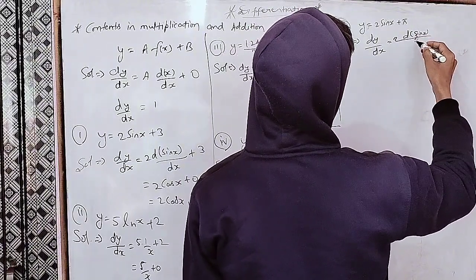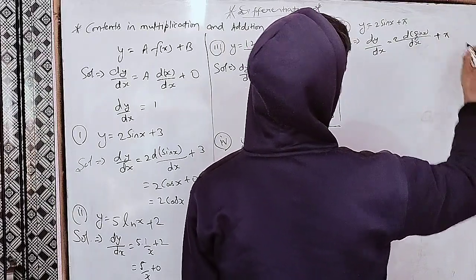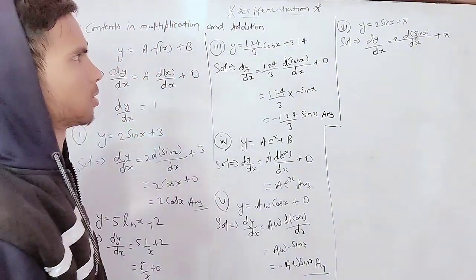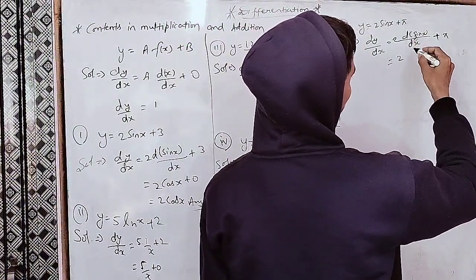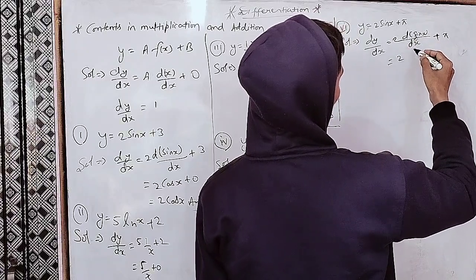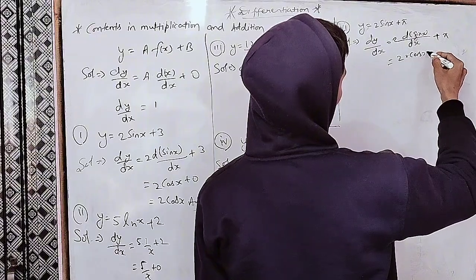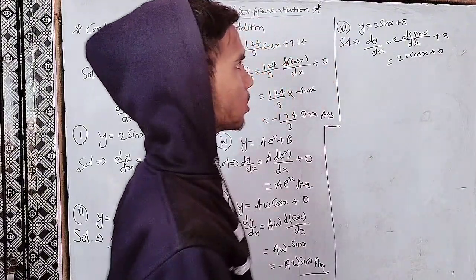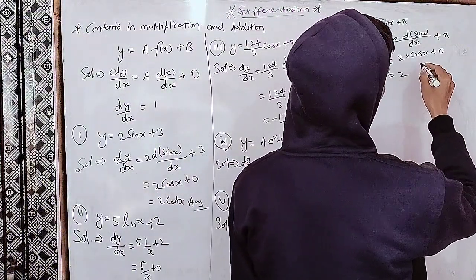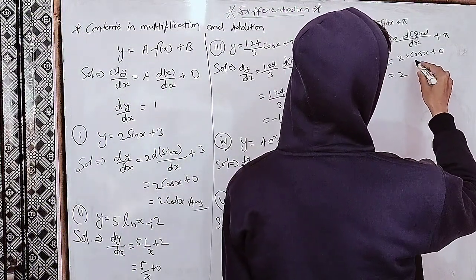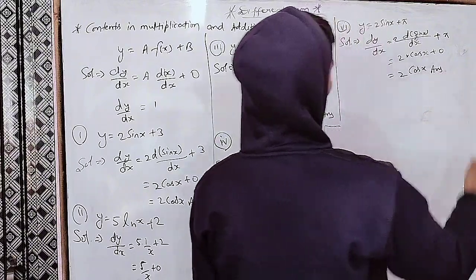Then we have a pi. So the value of pi we already know, 3.2721. So 2 will remain the same, and the differentiation of sin x is cos x, and the differentiation of pi will be 0. Now we are getting the answer, that is 2 cos x.